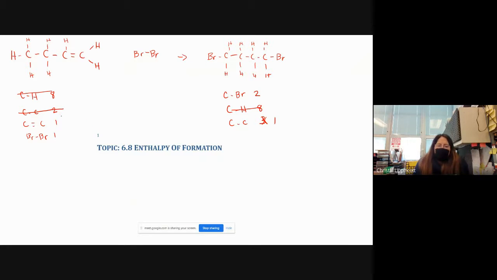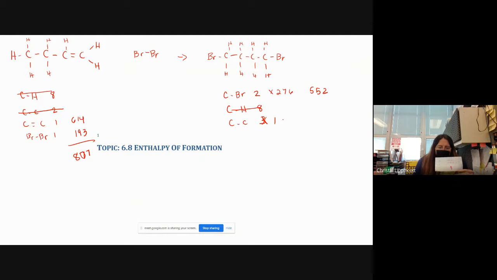All right. So then if you look up the double bonds, this is a 614 over here. Your BR is what? Is that 193? I don't have a 193. Okay. My copy here is not great. So this is 807 on this side. And then over here, we have 2 times 276, which comes in at 552.